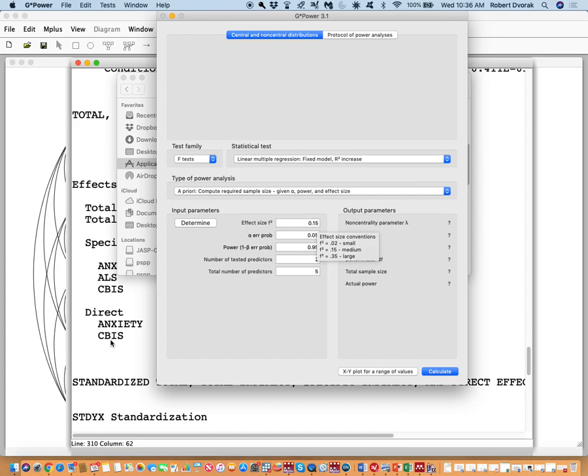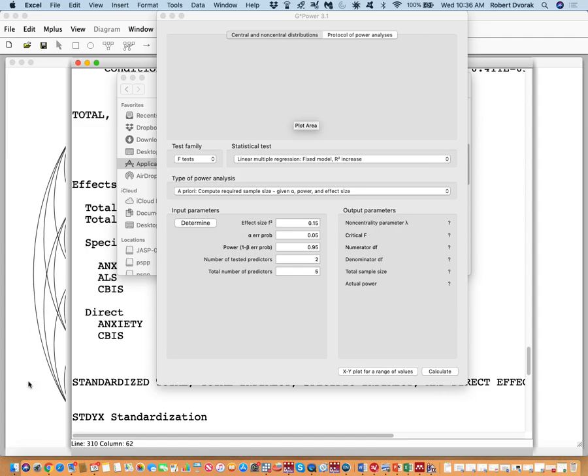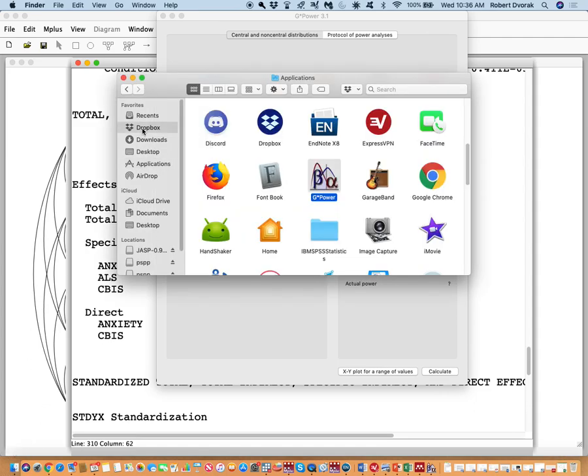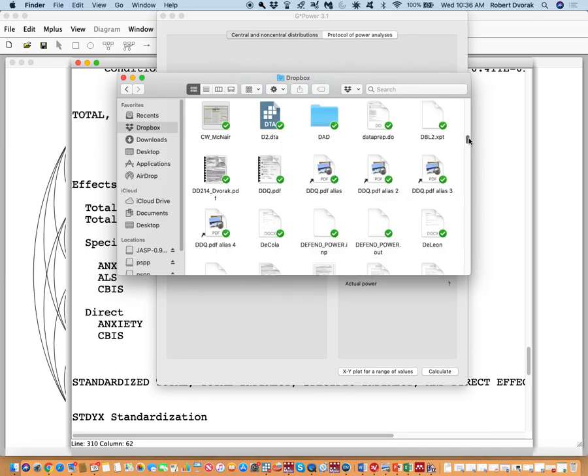There is a very simple way to look at the relationship between all of these different effect sizes, and I think, do I have it pulled up? I don't think I have it pulled up. Hold on just a second here. Let's hop over and open up this effect size thing that I posted for you guys.